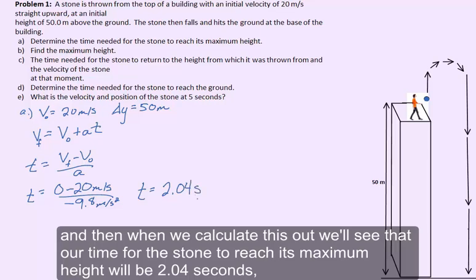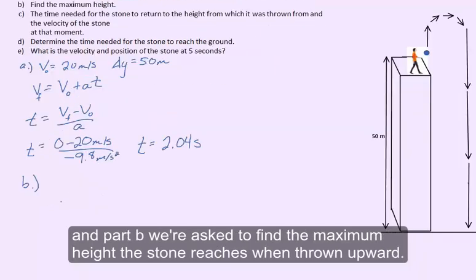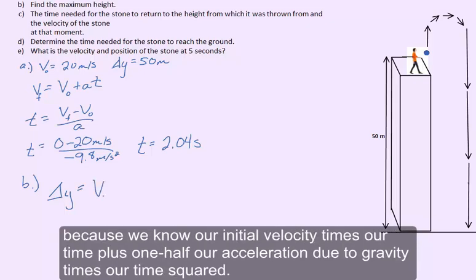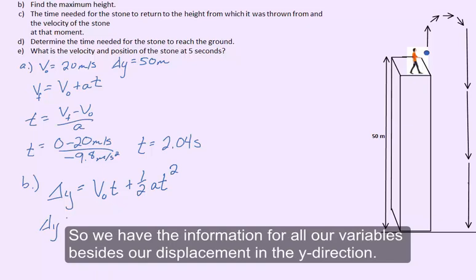2.04 seconds. In part B, we're asked to find the maximum height the stone reaches when thrown upward. So we're trying to solve for our change in height, which will be our delta y. We can solve for height because we know our initial velocity times our time plus 1/2 our acceleration due to gravity times our time squared. So we have the information for all our variables besides our displacement in the y direction.